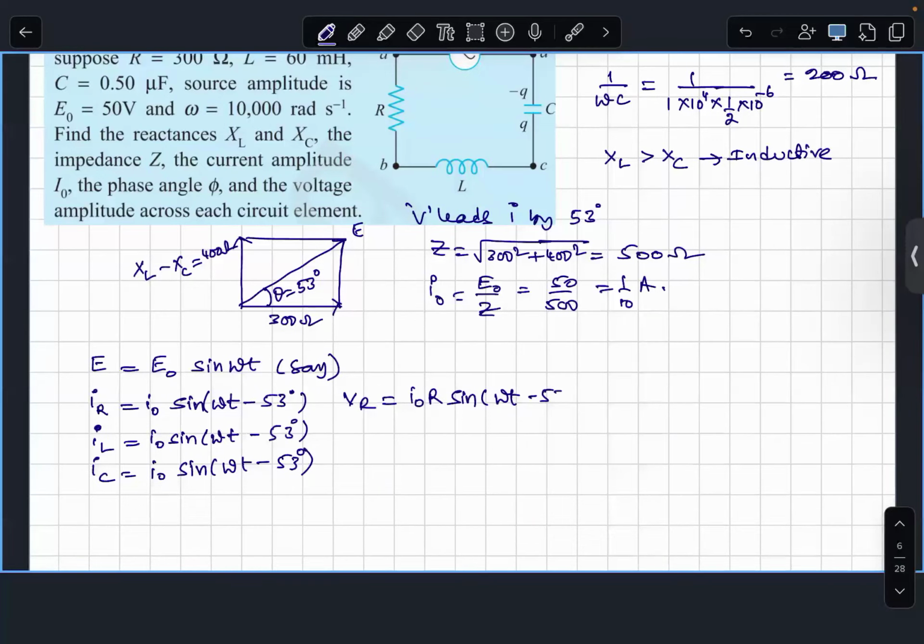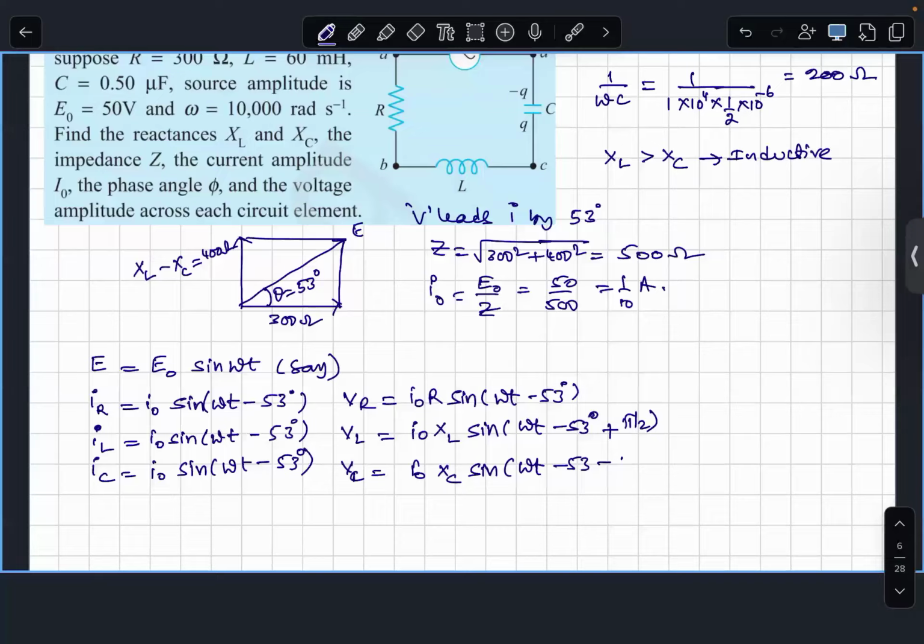VL is I naught XL sin omega t minus 53 degrees plus pi by 2. VC is I naught XC sin omega t minus 53 minus pi by 2.